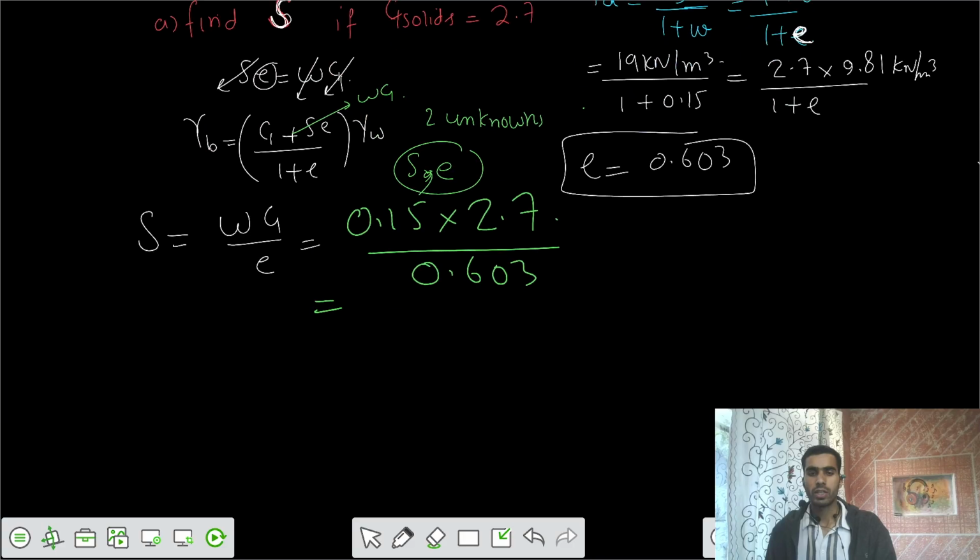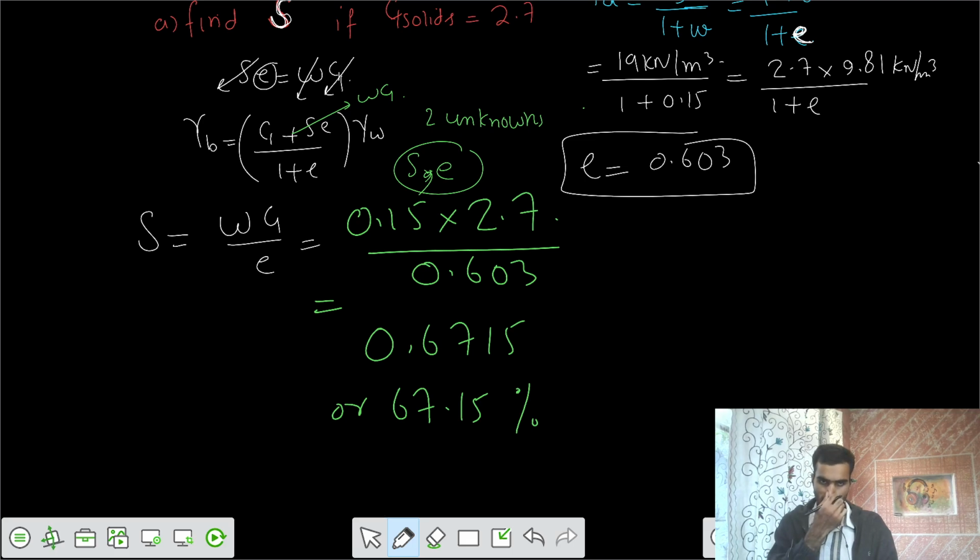So your saturation is actually 0.6715, or we can write 67.15%. That means out of the total volume of voids, out of the total pores, 67.15% of the pores are filled with water. We can say that.